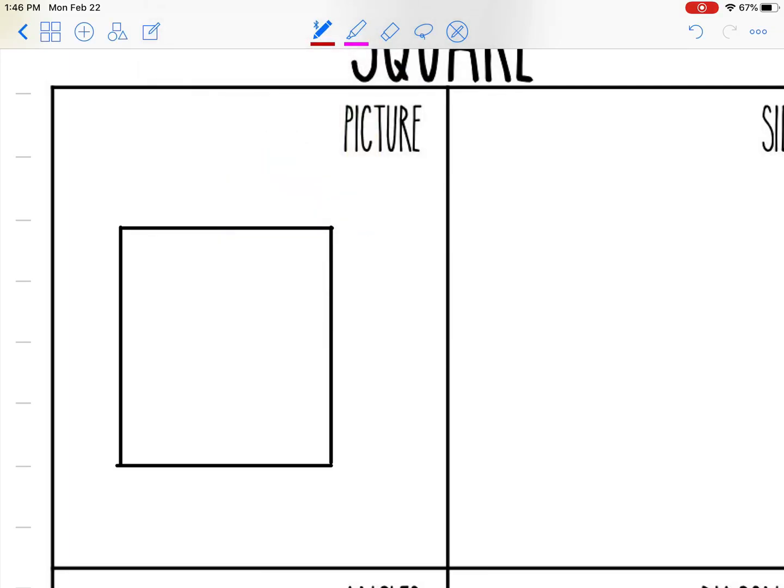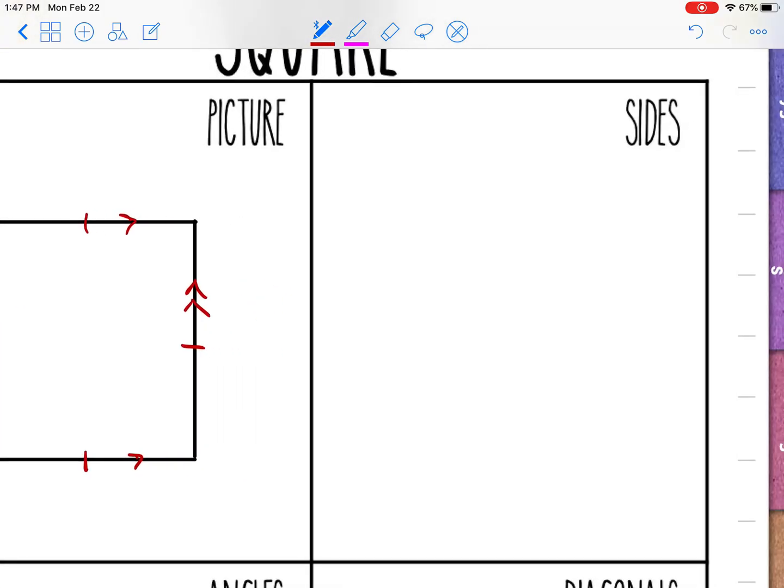Okay, let's think about anything we've talked about with side lengths. So the first thing we talked about is that the opposite sides were parallel. We said opposite sides were congruent based on the parallelogram, but remember rhombus, all sides were congruent. So we can kind of combine those into one. So let's go ahead and write all that down.